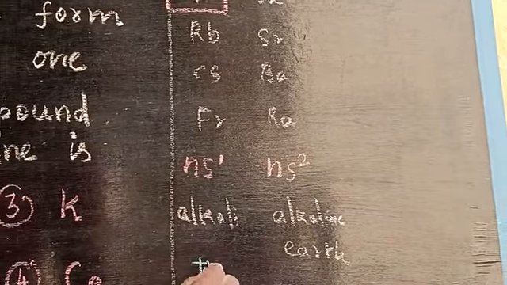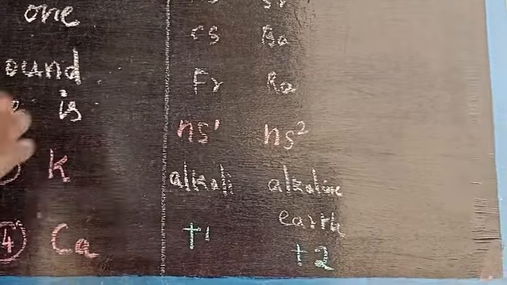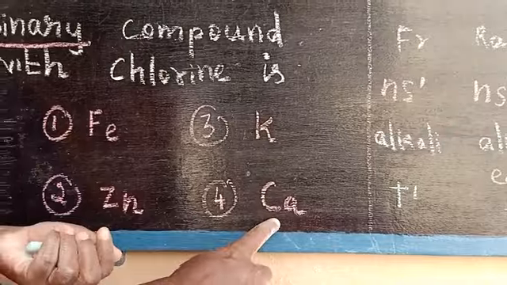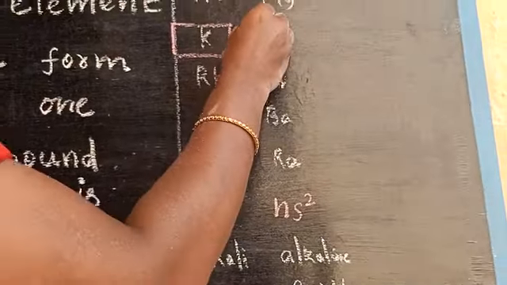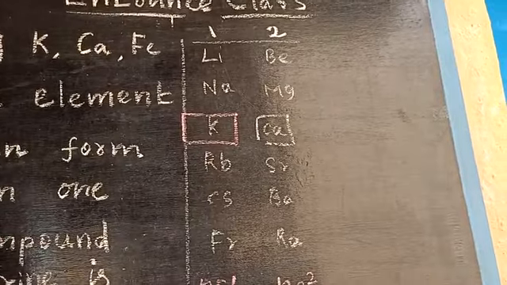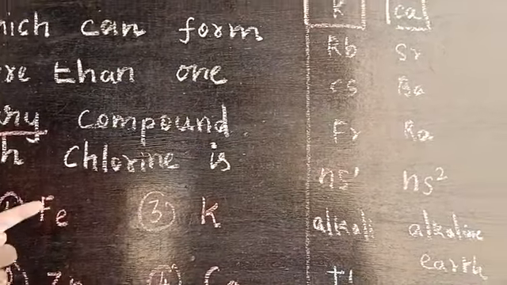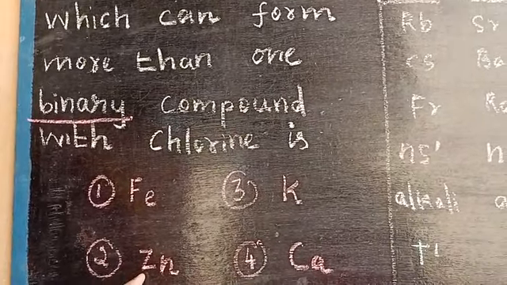The first group has +1 oxidation state, the second group has +2 oxidation state. So here calcium has the +2 oxidation state. Next, iron as well as zinc, both are transition elements.